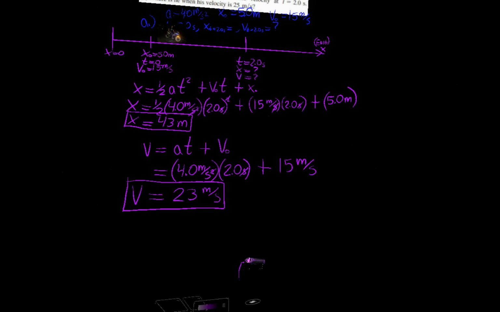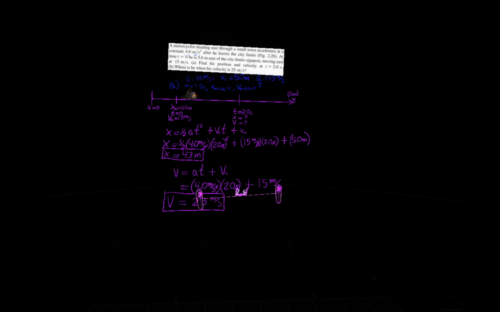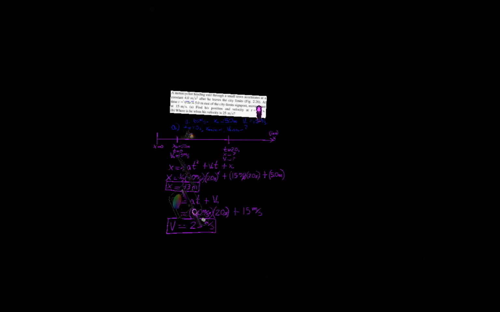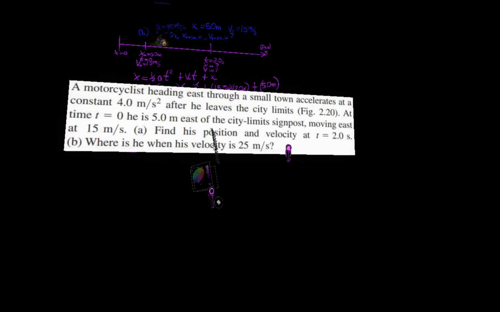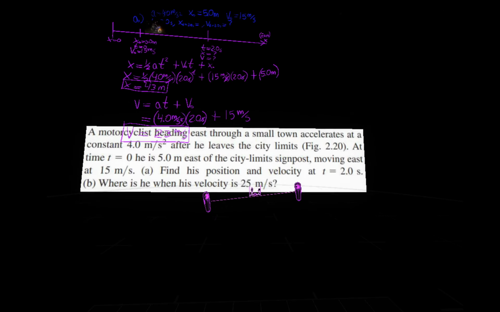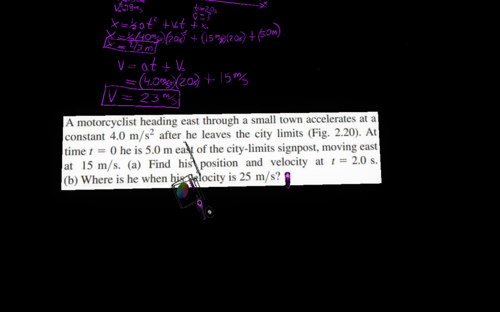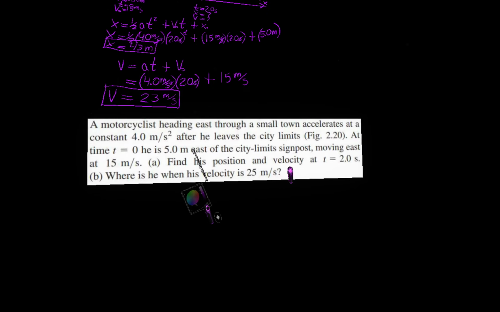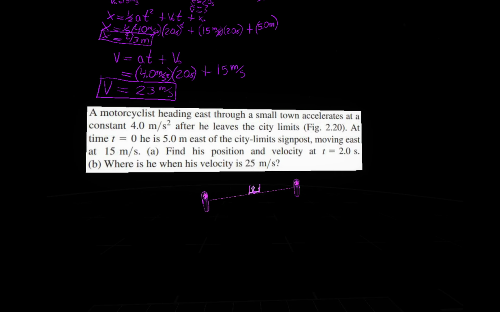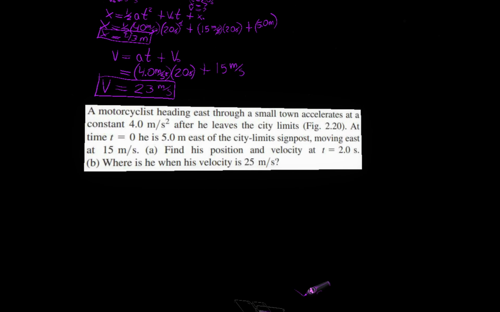So now part B of this problem, let me go back up here, snag this guy. Part B said, where is he when his velocity is 25 meters per second?